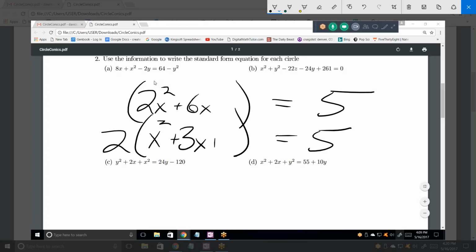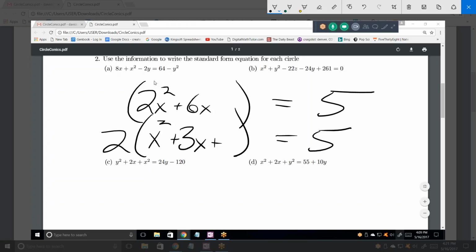Now keep it in ratios. Don't use decimals. In other words, if I divide 3 by 2, it's 3 halves. Now square 3 halves.